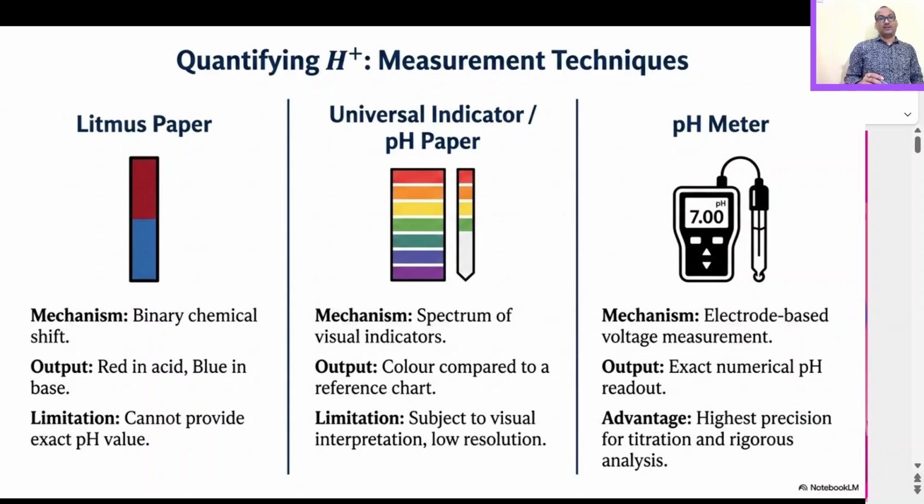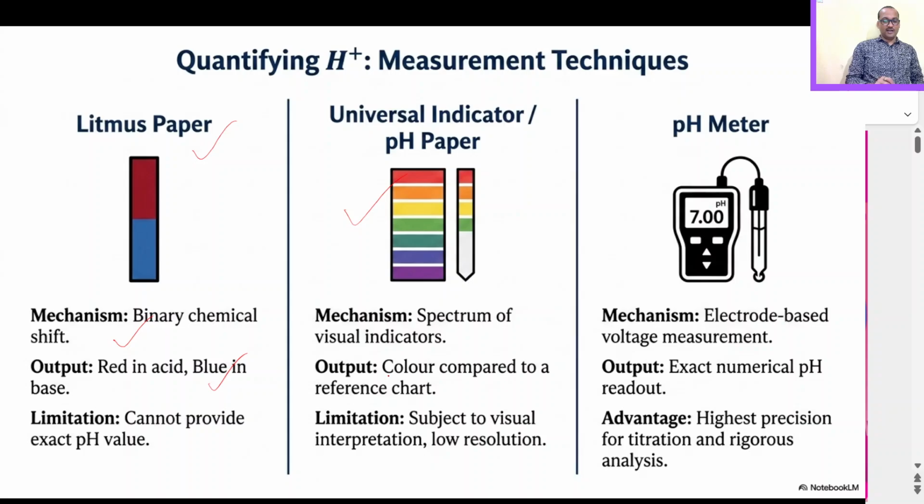So now let's discuss how to measure the pH or hydrogen ion concentration. We can use a litmus paper. If you put the litmus paper in acid, it becomes red. So then you can judge that it is an acidic solution. And if you put the litmus paper in a basic solution, it becomes blue in color. Similarly, you can use a pH paper.